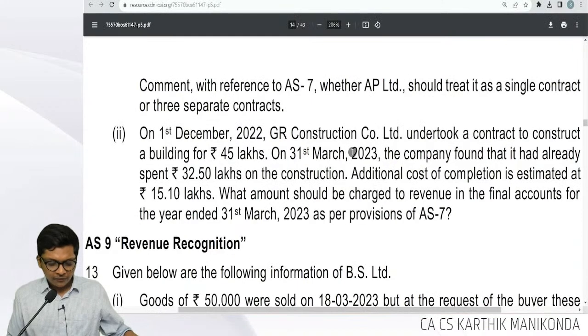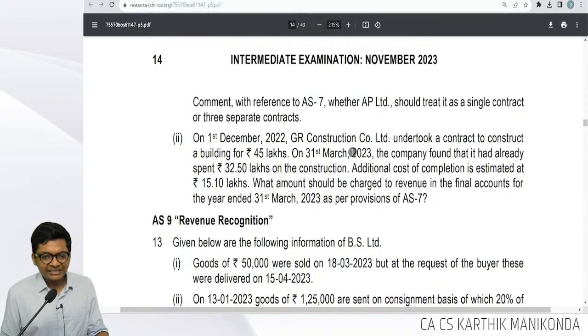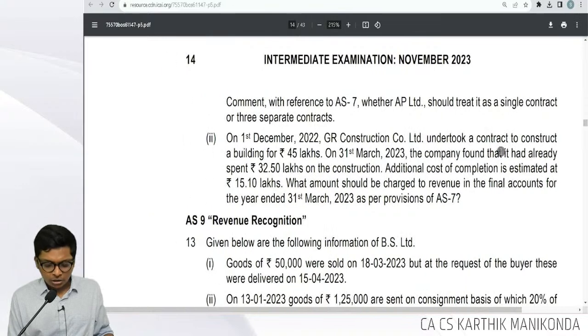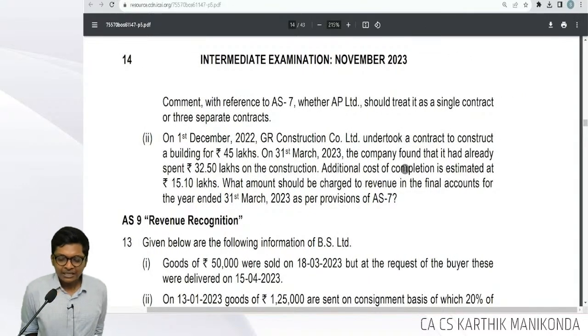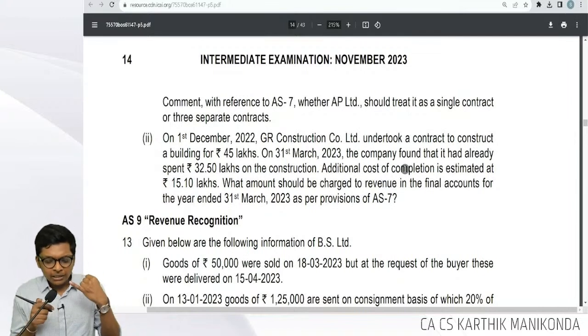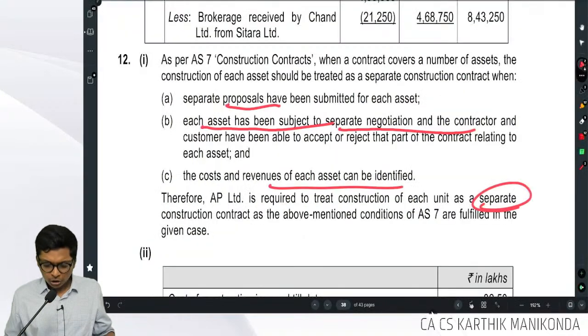On December 1st, 2022, GR Construction Company undertook a construction contract for building 45 lakhs. Revenue is 45 lakhs. Company found it has already spent 32.5 lakhs and additional cost is 15.1. What I should do? Current cost is 32.5 lakhs. Estimated cost 15.10. Find the percentage. So look at this.